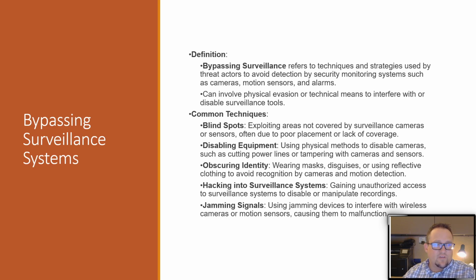They could tamper with cameras. There are a lot of ways of tampering with cameras. You can block them, disable them, move them. You can spray them or tape them or use laser pointers to blind them. Other ways, like if it's a Wi-Fi camera, you can use Wi-Fi blockers.